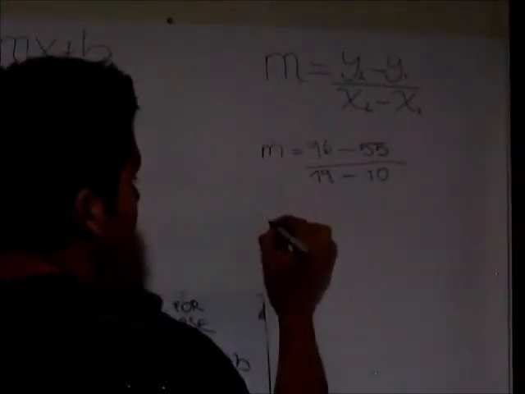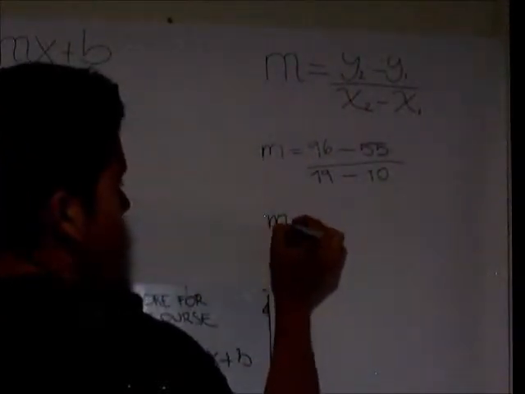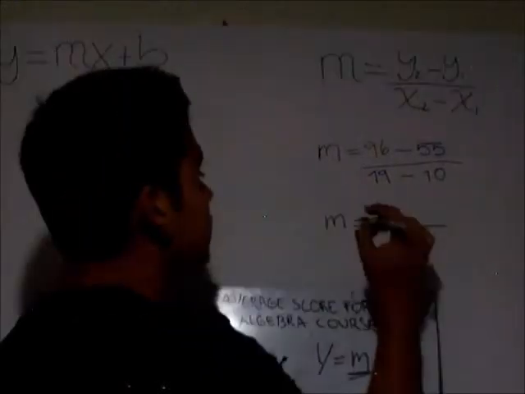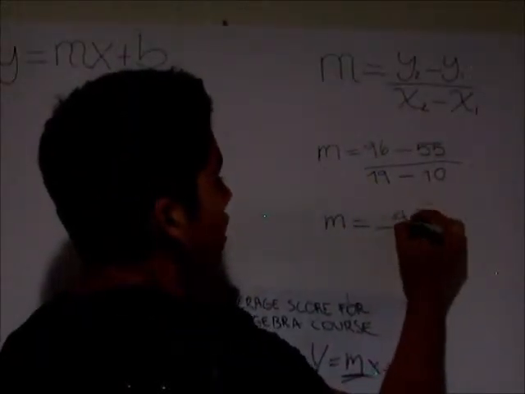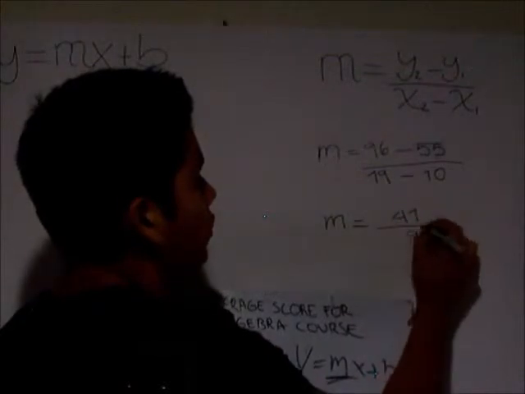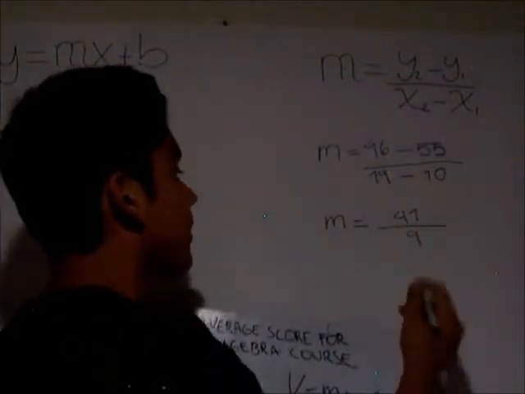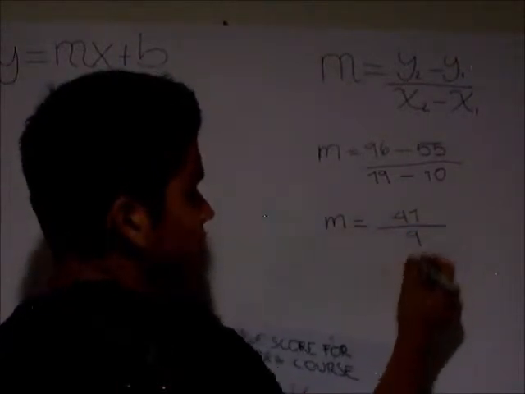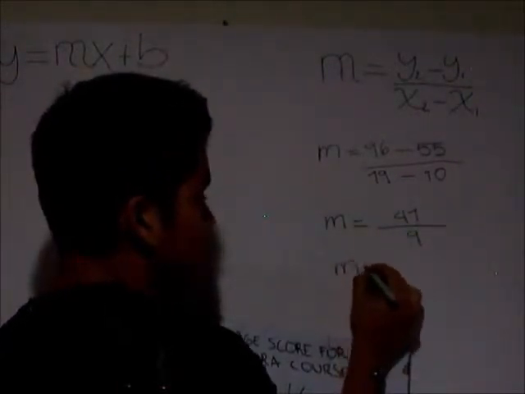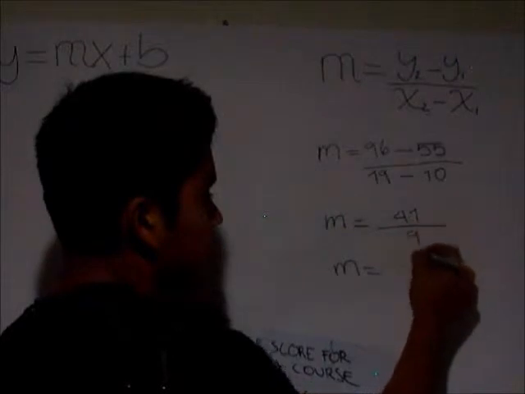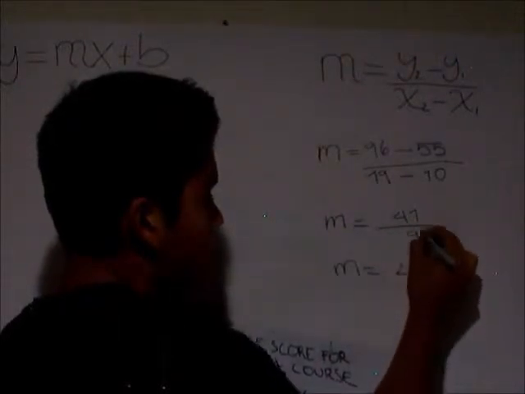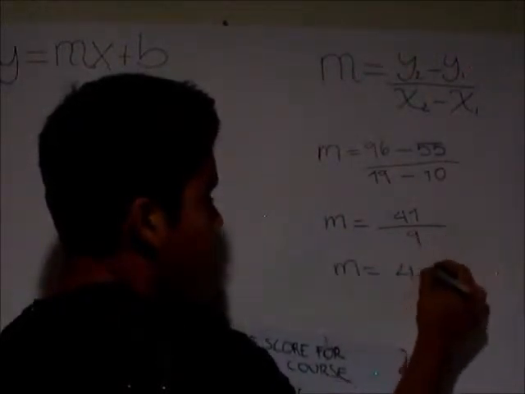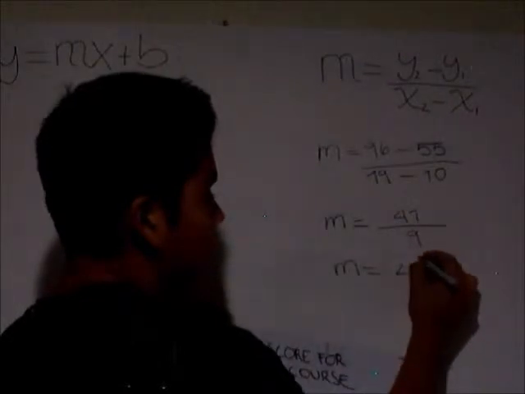So we do the process. It's equal to 41 over 9. Now you divide, so the answer will be 4.5.